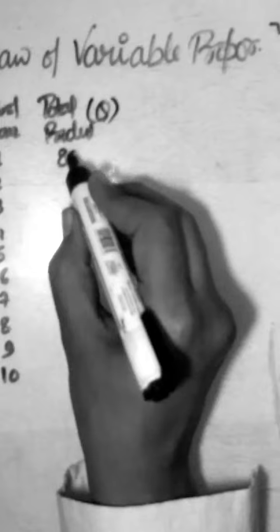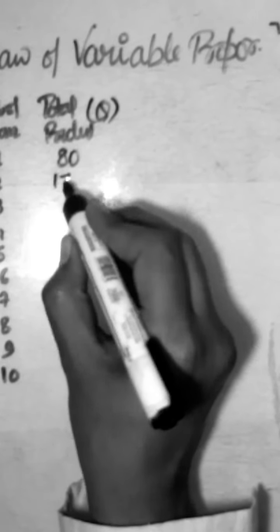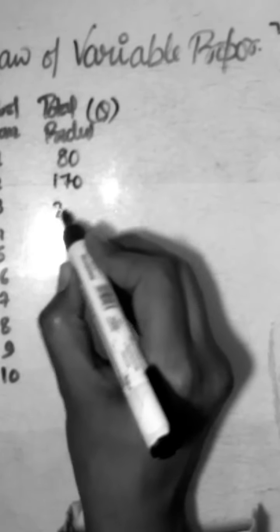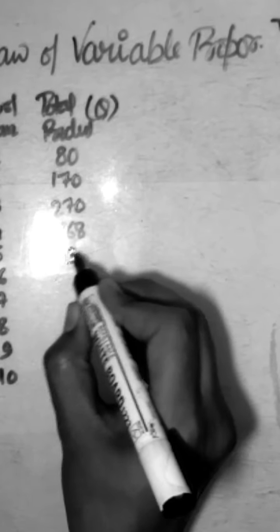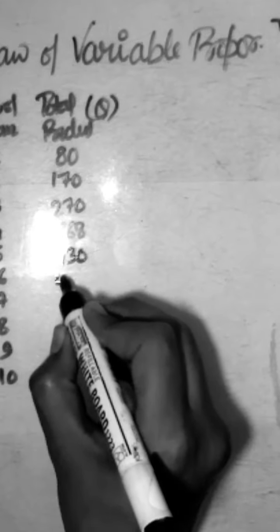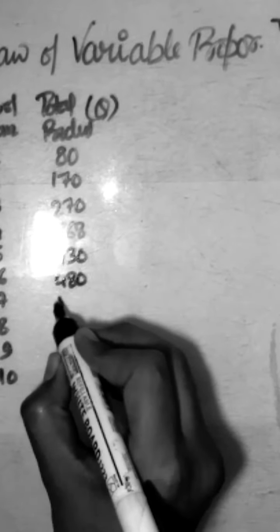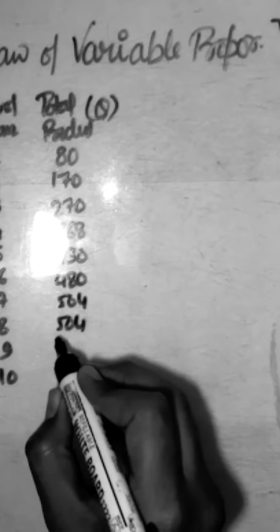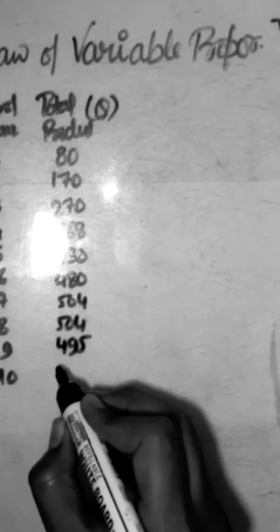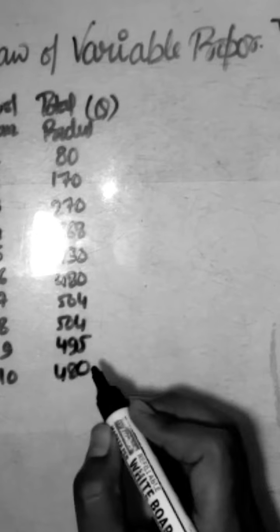So it's 80, 170, 270, 368, and it's 430 and 480, 504, then 504, then 495, and finally 480. These digits are completely hypothetical.